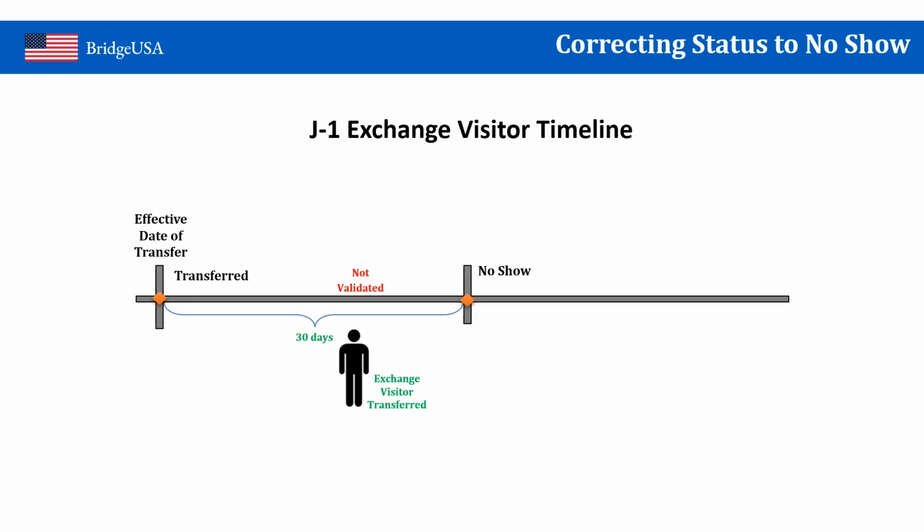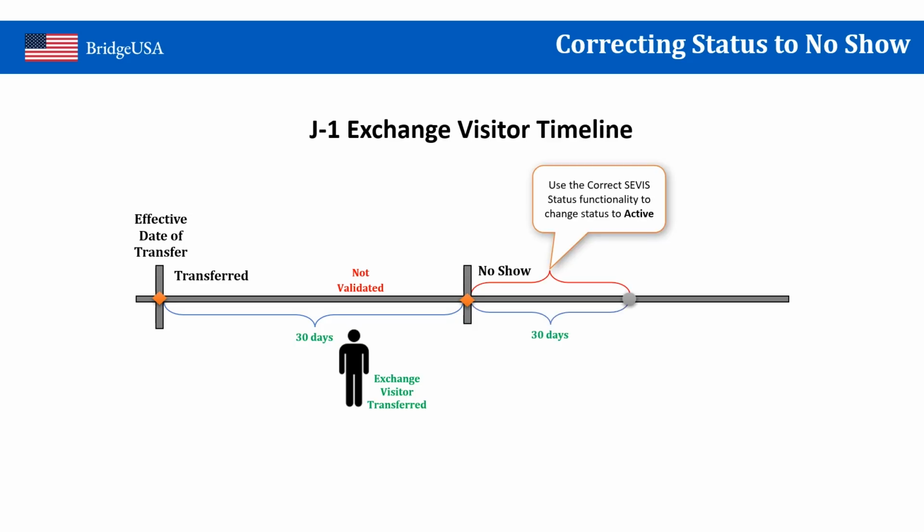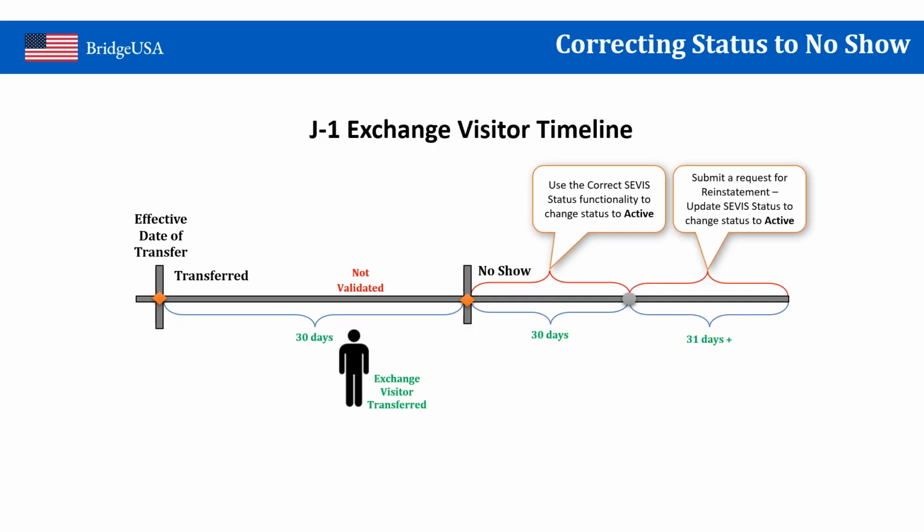In this case, you also have the option to change the status back to active using either the Correct SEVIS Status or Reinstatement Update SEVIS Status function. These actions include updating the status as well as editing additional fields, such as financial and site of activity information, so the record can be complete along with the status change.